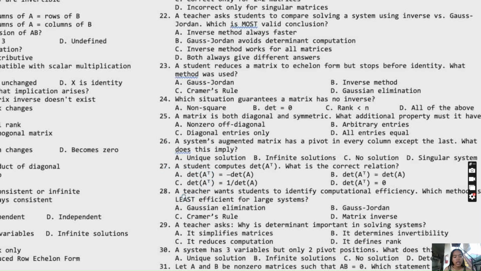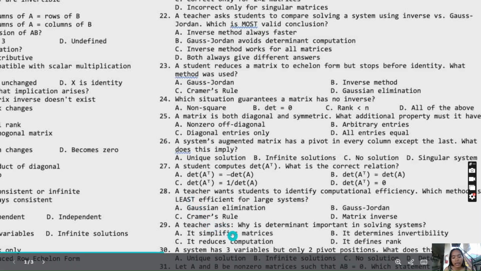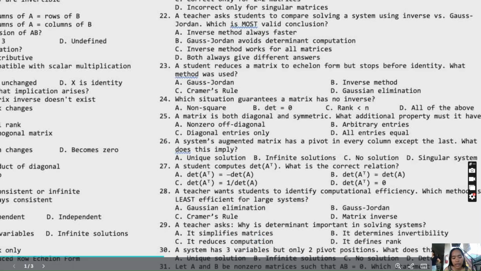Now let's proceed to number 27. A student computes determinant A transpose. What is the correct relation?